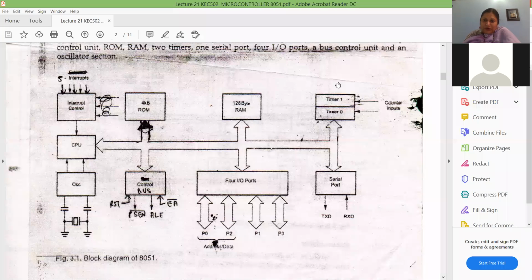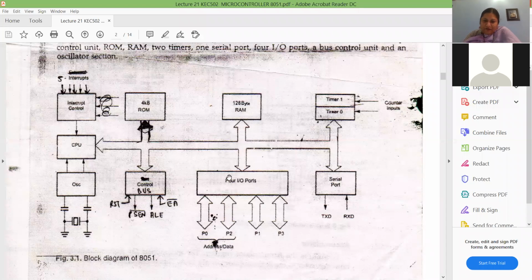Here you have 2 timers, timer 0 and timer 1. These timers can be used as timers, and they can be used as counters also. Whenever we see timer counter operation, at that time we'll see the difference between timer and counter, and how it works as a timer and how it works as a counter. Then you have one serial port. It needs only one transmitting line and one receiving line.